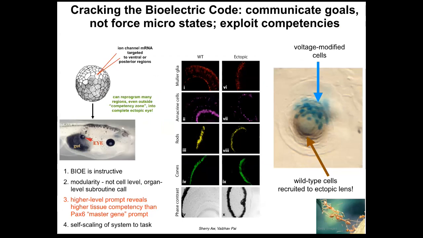And so this is one of our earliest applications, when we used ion channel RNA. This is Sherry Au and Vijhoff Pai's work, where they introduced potassium channels into the early embryo in different regions, and were able to tell the cells to build an eye. Okay, and so these eyes have all the right lens and the optic nerve. They have all these things. So note a couple of important features here.